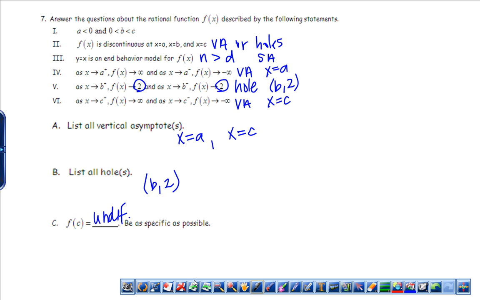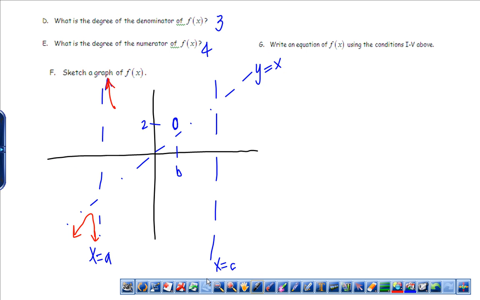It says your other vertical asymptote C, from the positive side goes to infinity, and from the left side goes to negative infinity. So I'm going to have a little figure up here, and this one looks like it's going to connect, so I'm going to go up through here, through the hole, and connect through there.